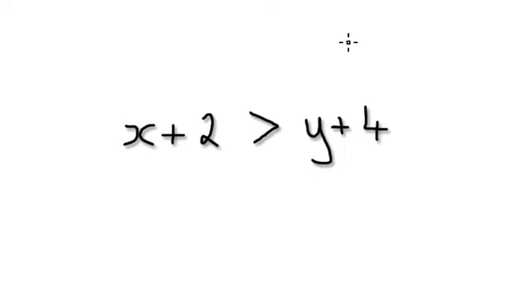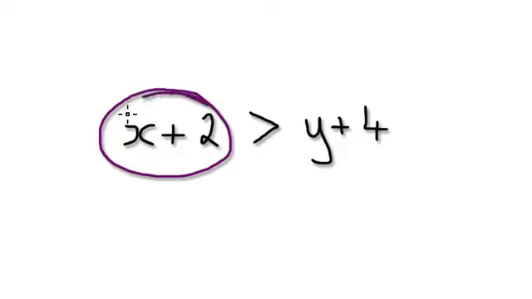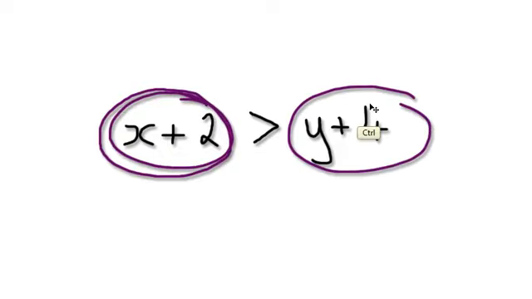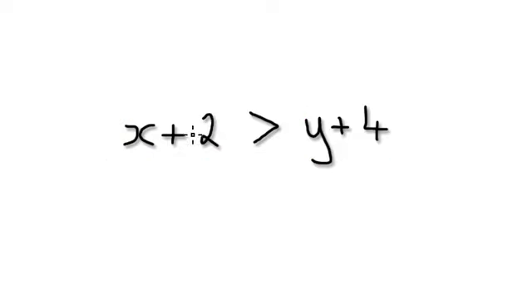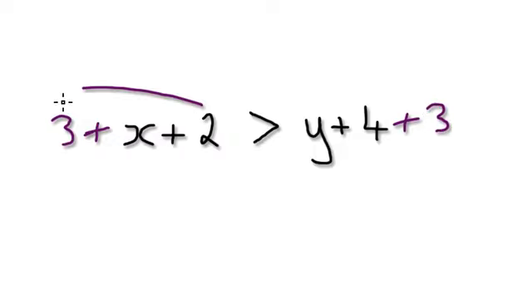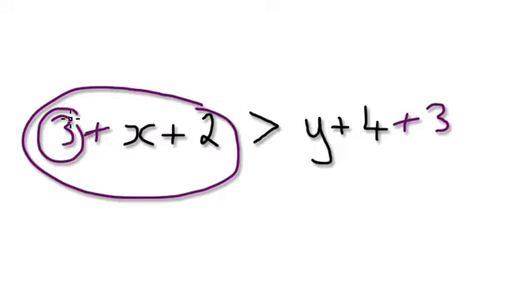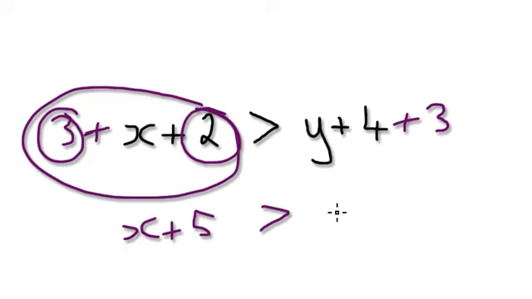What I'm trying to say is that, suppose you're given some inequality here, you're told that this here is bigger than this. Well, if you add the same amount to both sides, let's say 3, then collectively you can say x plus 5 is greater than y plus 7.